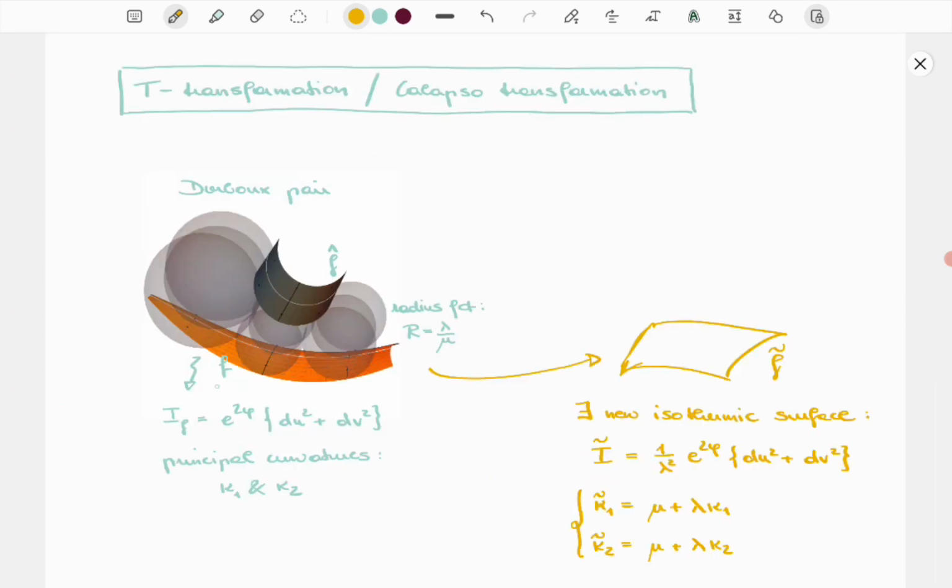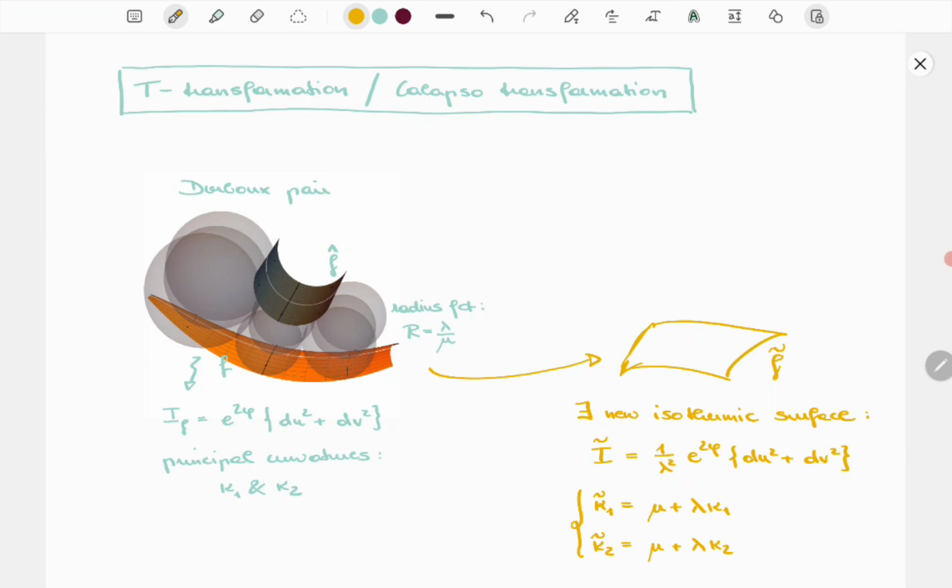Any Darboux pair of isothermic surfaces f and f hat envelopes a common sphere congruence, which comes then with a radius function r. And using this radius function, one can build further isothermic surfaces.